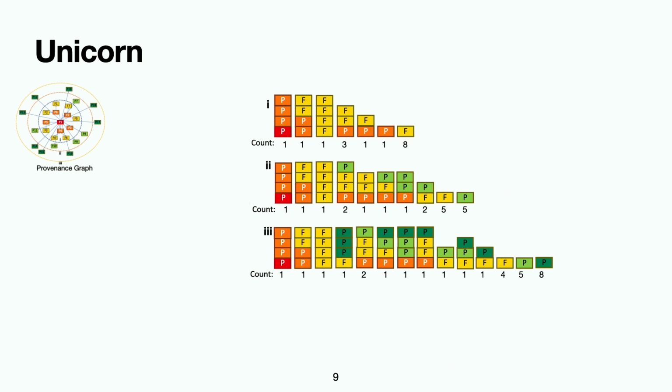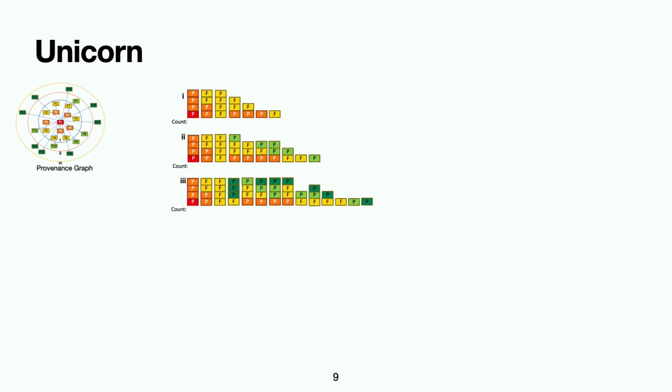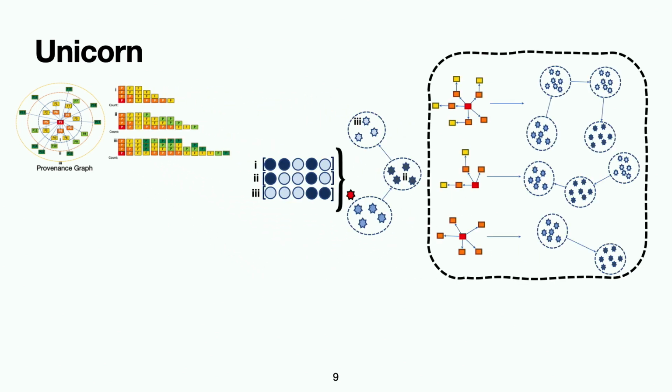Here, for example, we see 3 different snapshots of the provenance graph. To compare against provenance graphs of different sizes, Unicorn normalizes the counts of each of the substructures within the histogram. It then embeds these histograms into a d-dimensional embedding, which it compares against models of its training data.